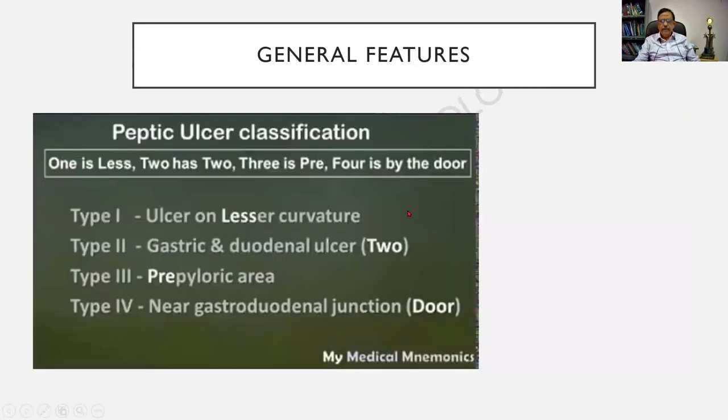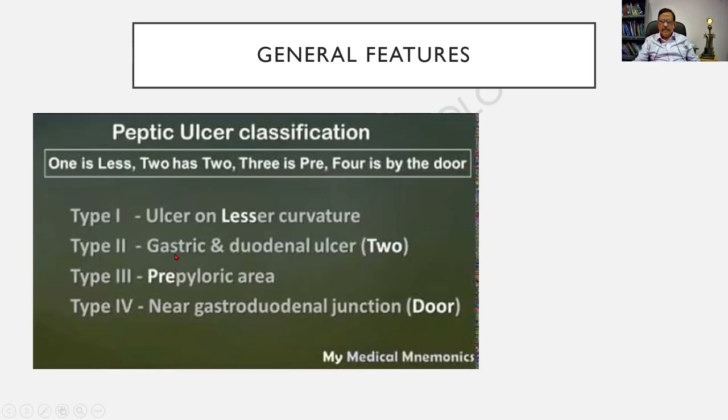This is a beautiful mnemonic which I would like you people to kindly remember. I had picked it up from medical mnemonics. Hats off to them. There are 4 types. Type 1. 1 is less. So it occurs on the lesser curvature. 2 has 2.